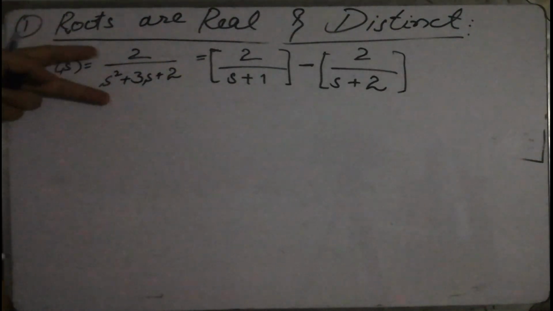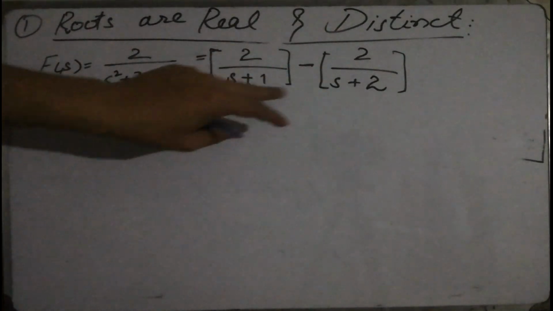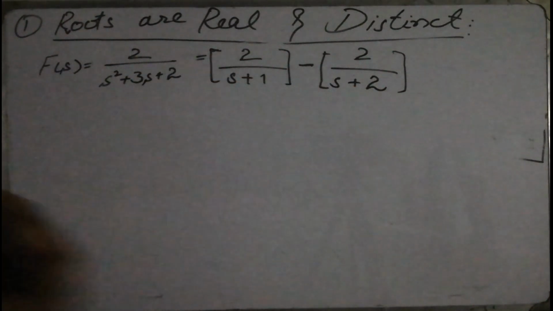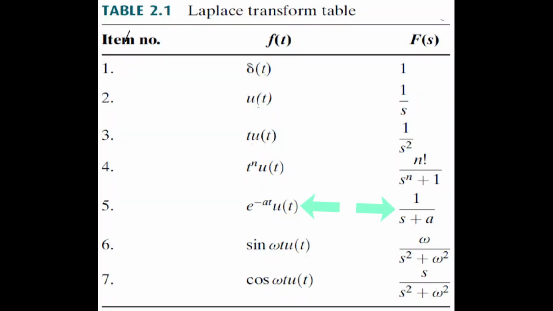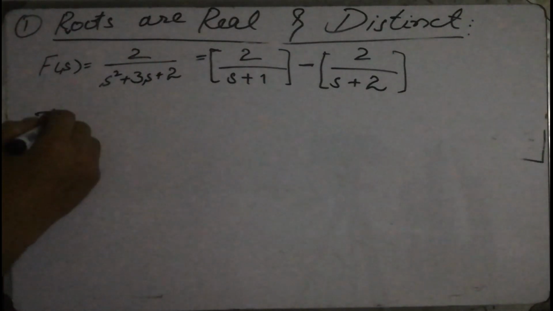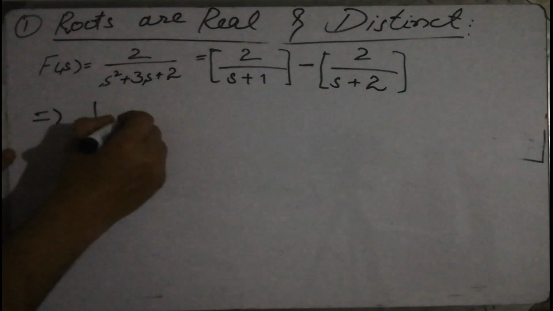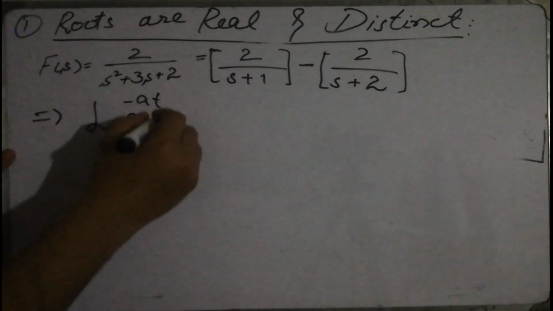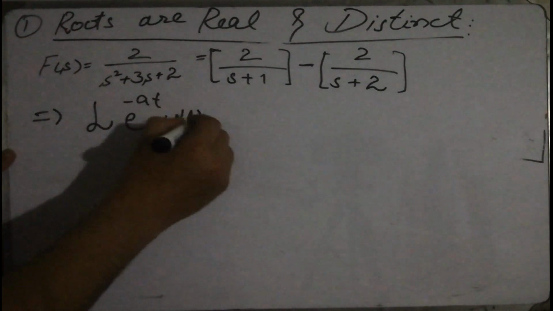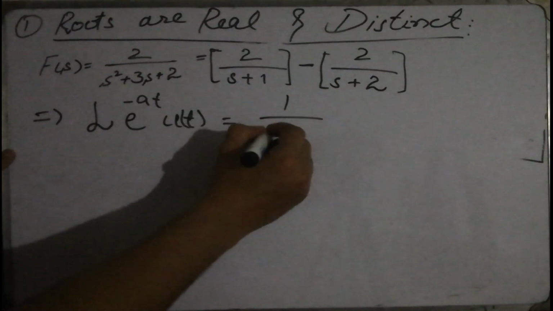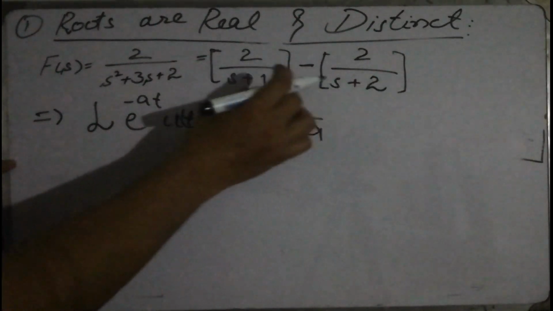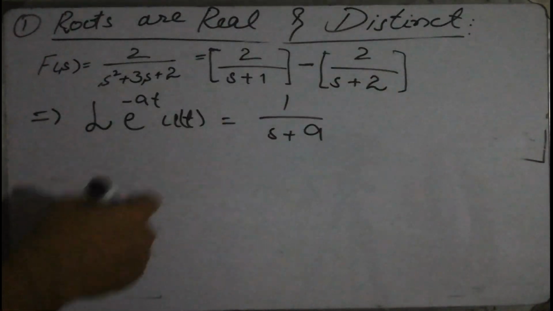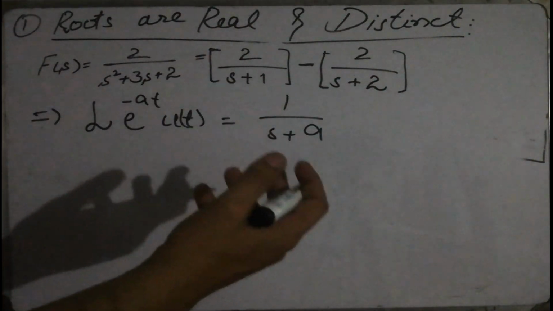Now once we have converted this function into partial fractions, these are the forms that we can look up in table 2.1, and we see that the Laplace transform of e to the power negative at times the unit step function is equal to 1 divided by s plus a. Right? So these somewhat resemble these functions, and with the constant 2, we can take the 2 common, it will not be any problem.